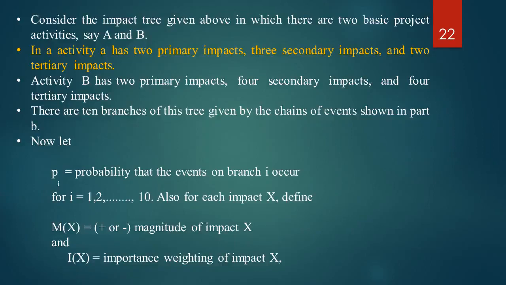Now let Pi be the probability that the events on branch i occur, for i from 1 to 10.